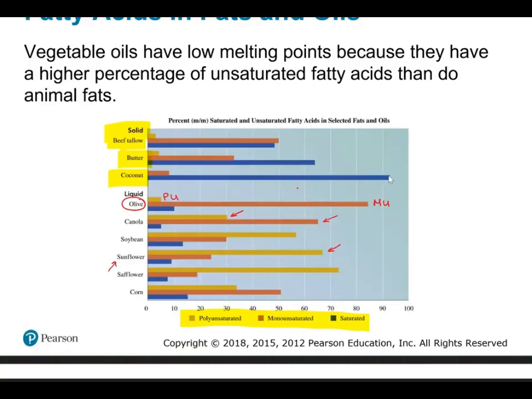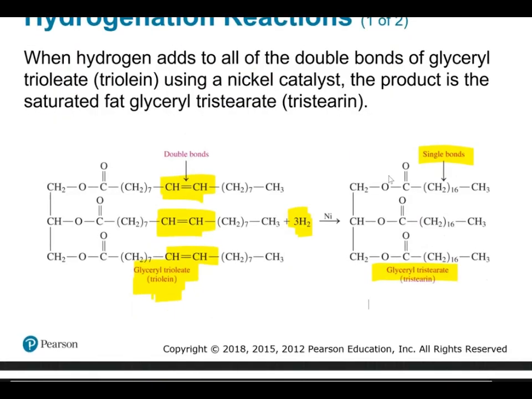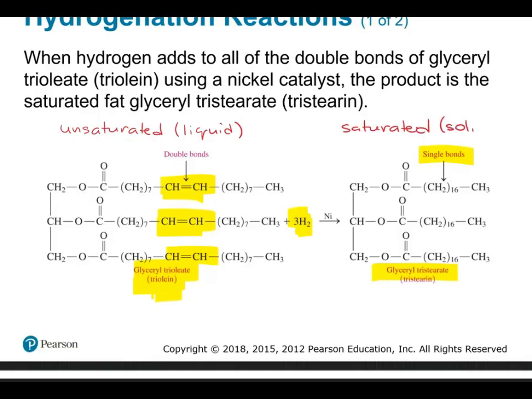Look at this. Saturated is blue. So very little saturated, a lot of unsaturated, right? Now, solid ones have a lot of saturated fat. So you are effectively turning molecules with unsaturated liquid to saturated state. Okay?